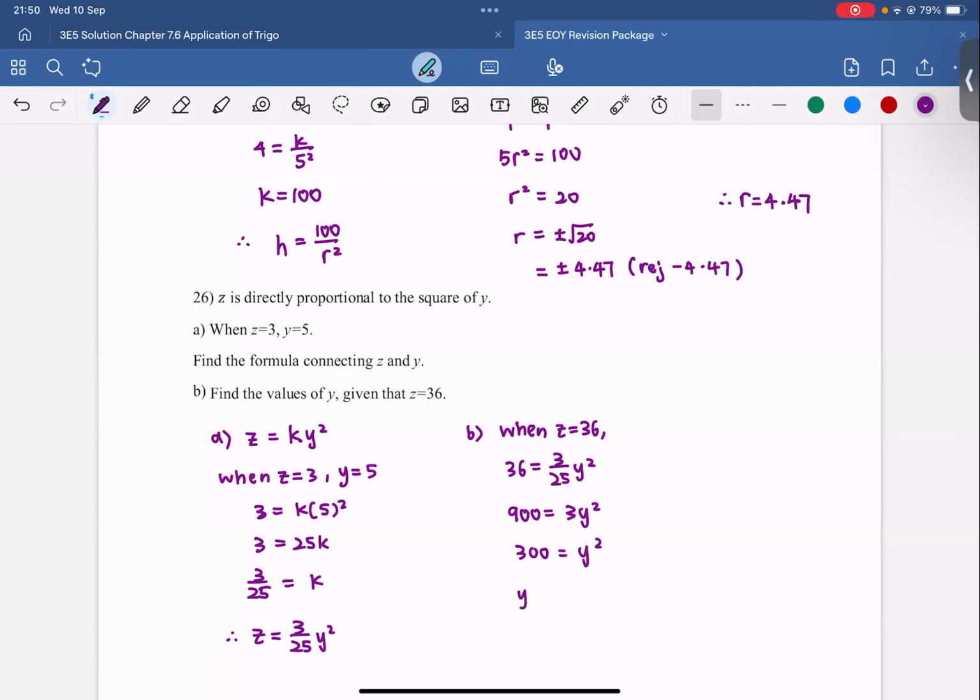Then we square root. Plus minus square root 300. That will give us plus minus 17.3, three significant figures. Okay, I hope this recalls your memory.